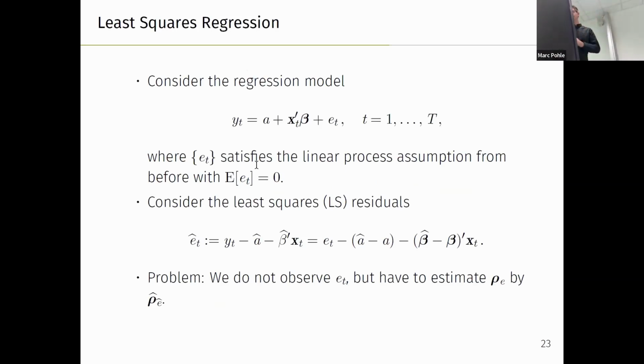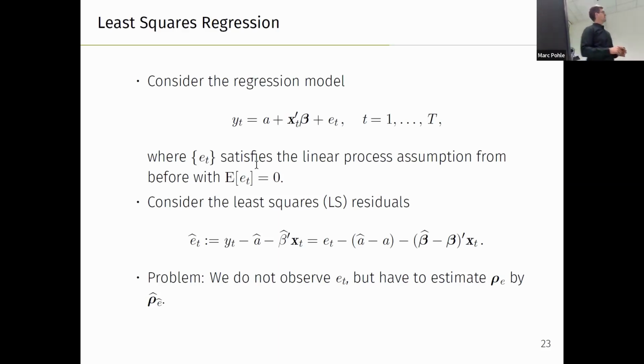So we consider a simple least squares time series regression, where we essentially assume that the error term e_t is a linear process with mean zero. So essentially the same assumptions as before for the confidence bands.